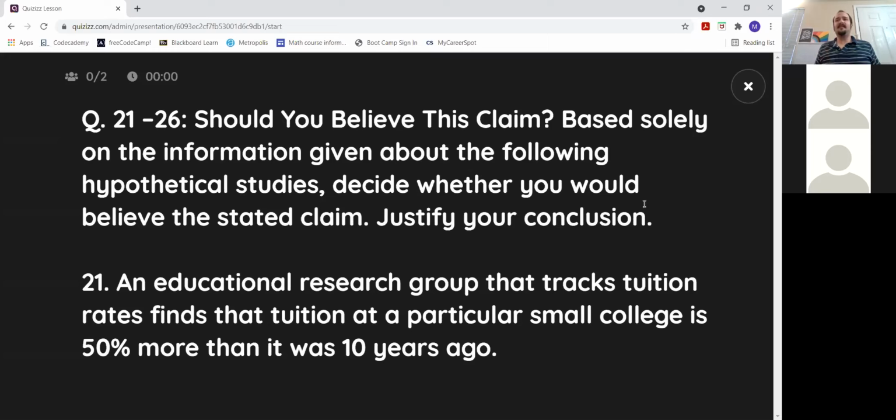Should you believe this claim? Based solely on the information given about the following hypothetical studies, should you believe this claim? An educational research group that tracks tuition rates finds that tuition at a particular small college is 50% more than it was 10 years ago.